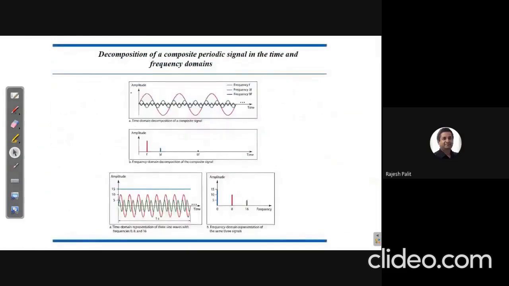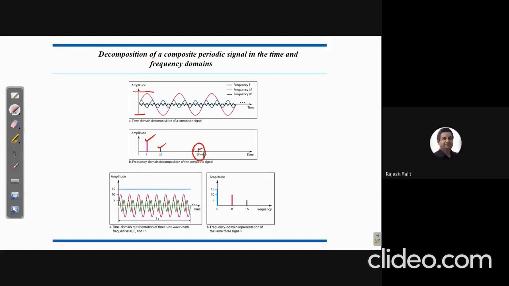Say, for example, this is a composite signal, the signal from my voice. Here we have only 3 components: this one, and this one, right? Yes, sir. Now you see this component; its amplitude is very, very small.